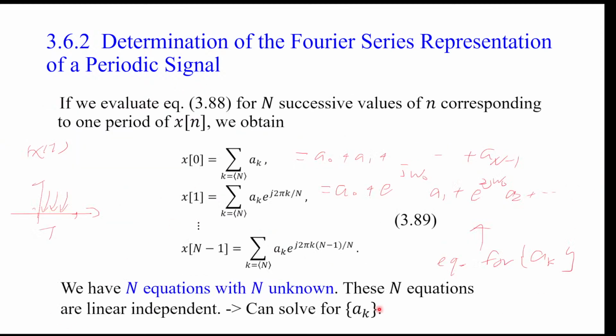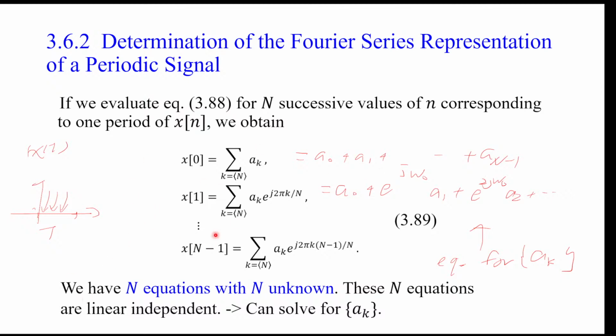But what we see here is that from this conversion, the transformation between x of n and a_k is basically an invertible linear transformation. And this tells you that this discrete-time Fourier series representation, this transformation between x and a, is just a linear transformation, and you can transform back and forth for arbitrary x and arbitrary a.